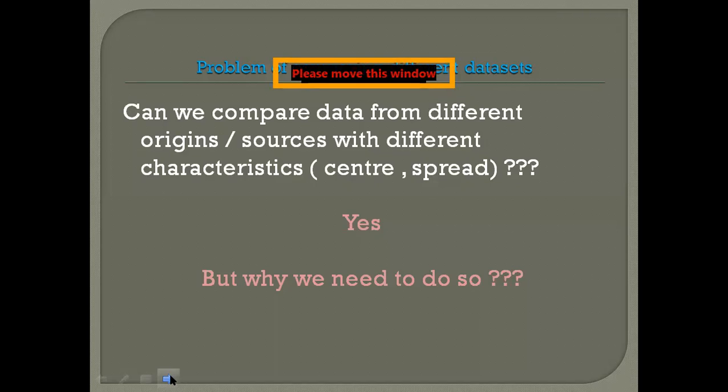So can we compare childbirth data with the stock exchange data? And sometimes you may ask why we need to do so. We have applications, or scenarios, where we need to compare data from two different sources, right?